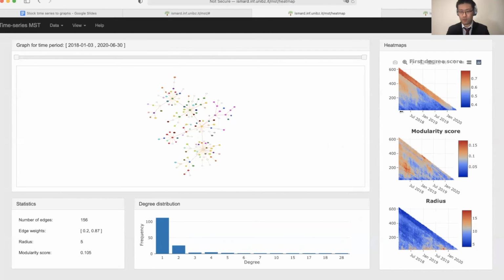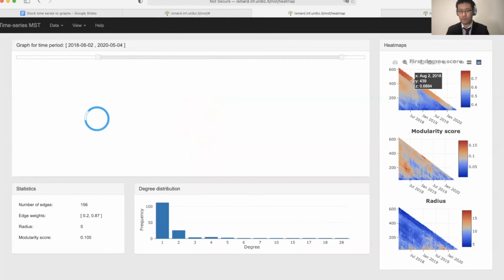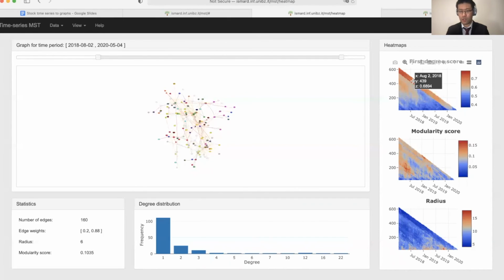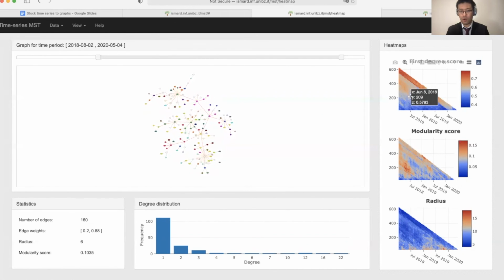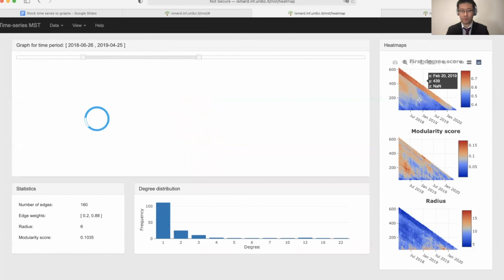X means the starting point, while Y means the window length. Here, interestingly, marks the first degree score of these windows in market crisis. We can retrospectively check the minimum spanning tree of a specific point by clicking on the element in the heat map.